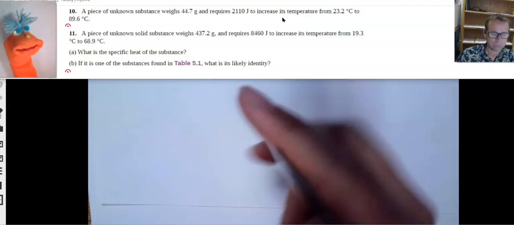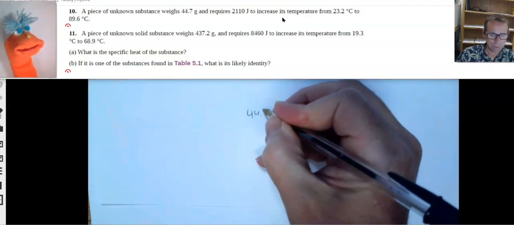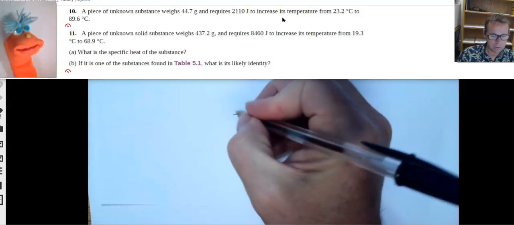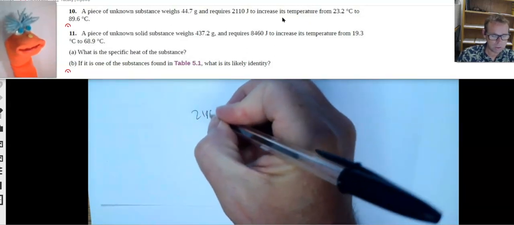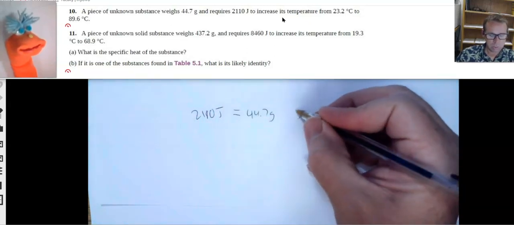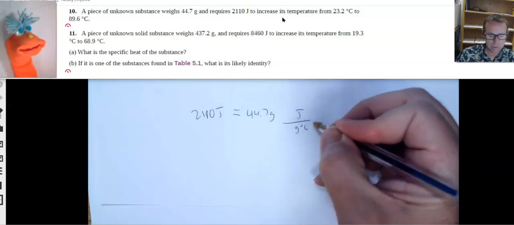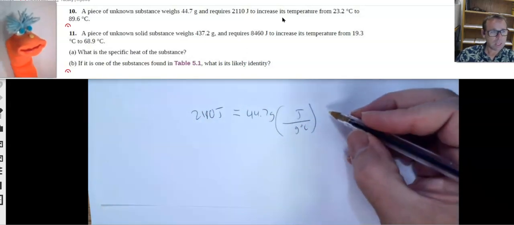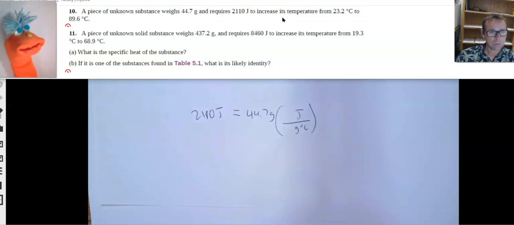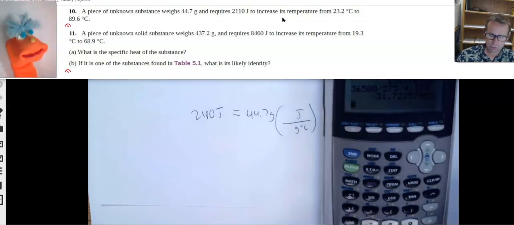Okay, so we are given mass, 44.7 grams, and we're given energy, 2110 joules. We want to know how many joules per gram degree Celsius it requires, and the change in temperature, 23.2 to 89.6. Is that just final minus initial again?